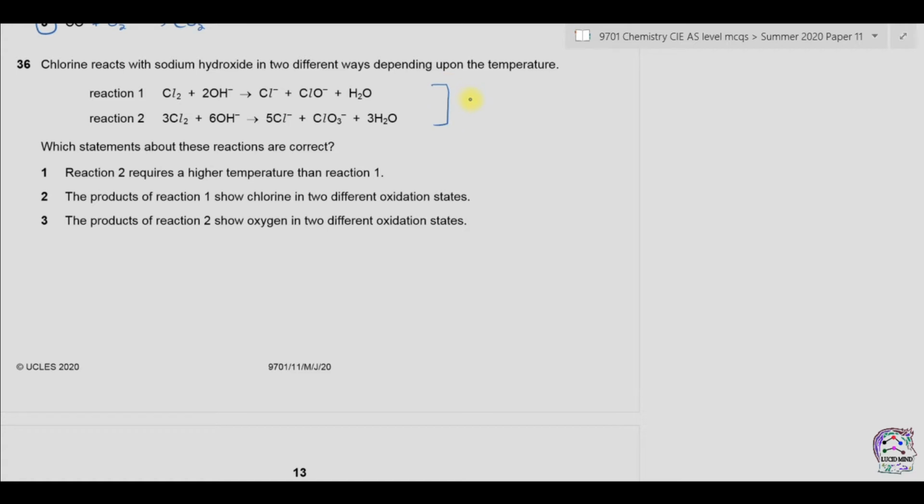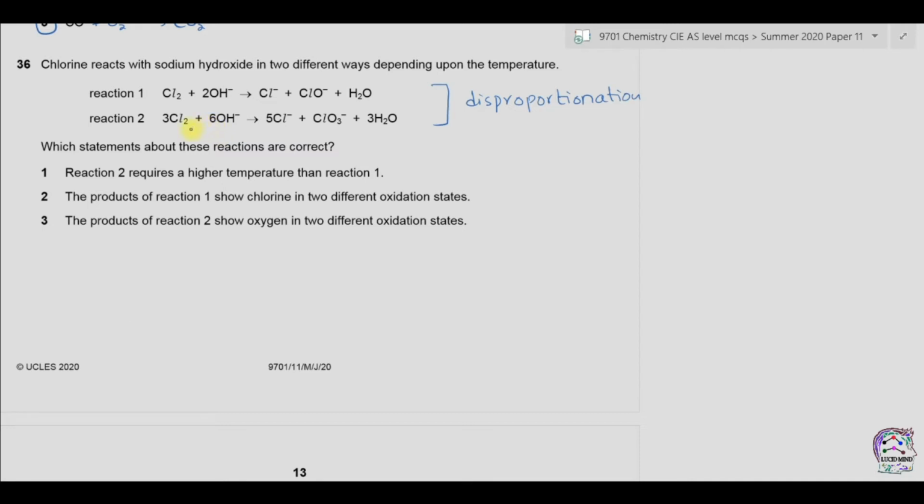Actually, these reactions are the disproportionation reaction of chlorine. Disproportionation means self-oxidation and reduction. So in these reactions, chlorine is oxidized and reduced at the same time. So it says reaction 2 requires a higher temperature than reaction 1.